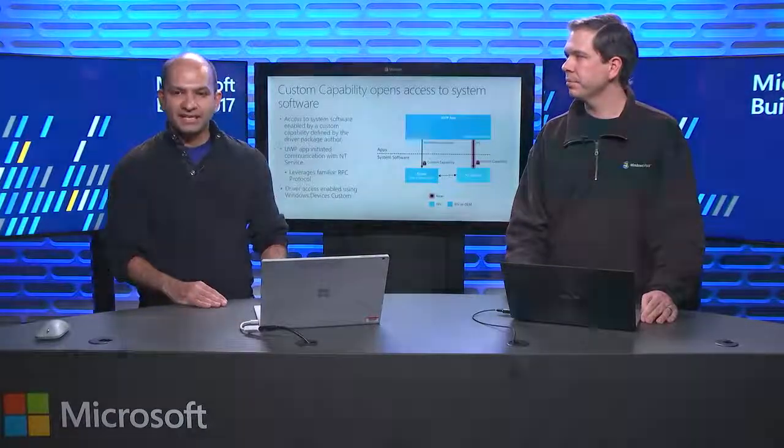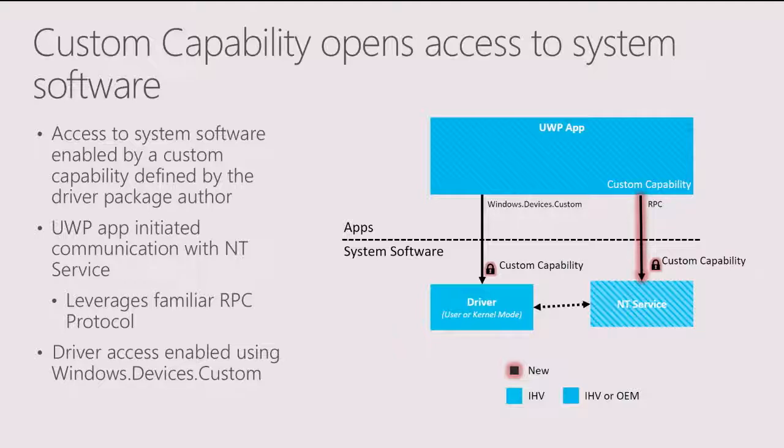So the driver or NT service author exposes a custom capability that can be used by UWP apps that are granted access to it. Access to NT services has been enabled using the very familiar RPC protocol. Prior to Windows 10 Creators Update, RPC was off limits to UWP apps, but custom capability essentially unblocks that access.